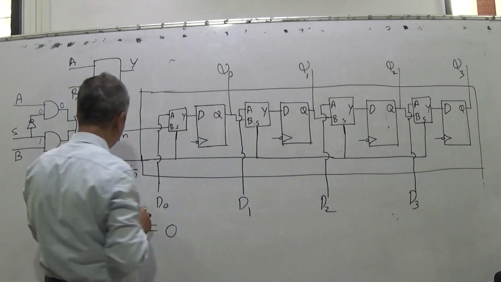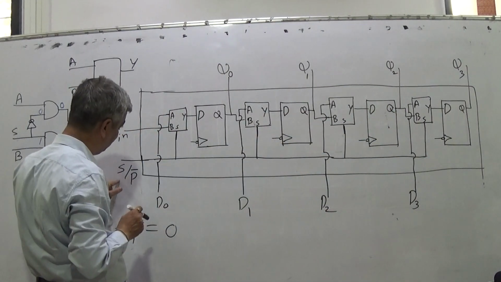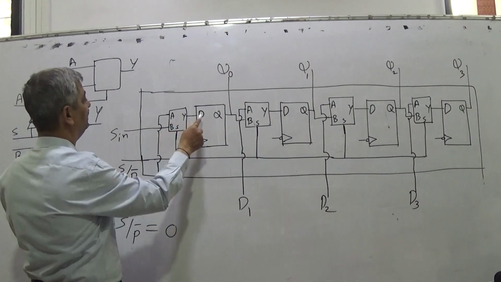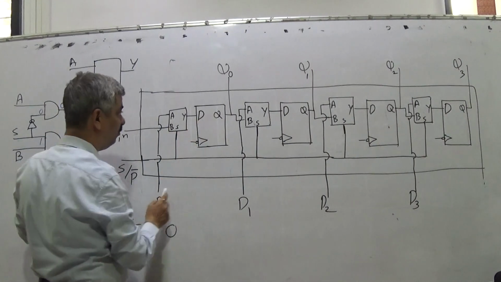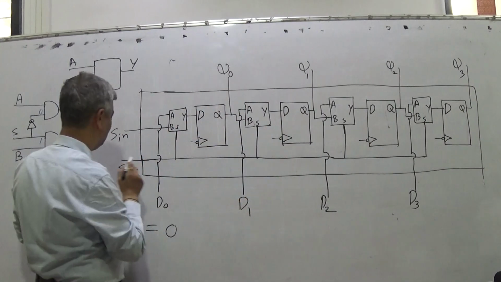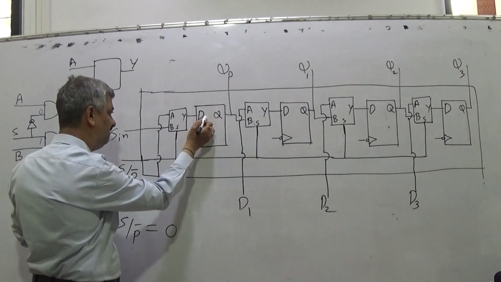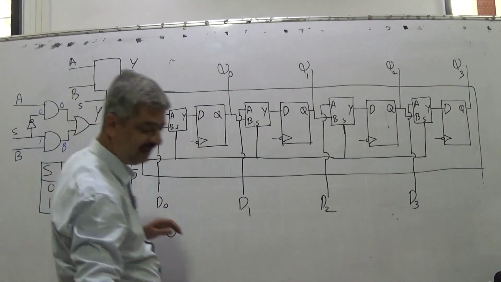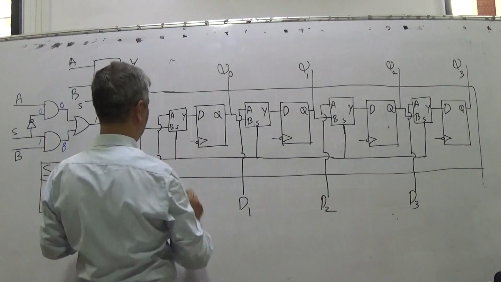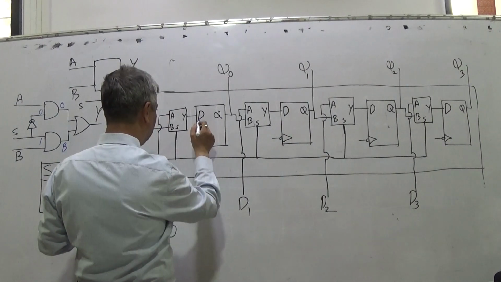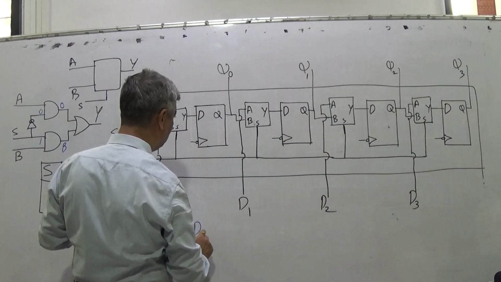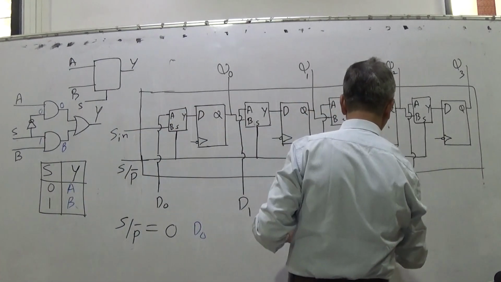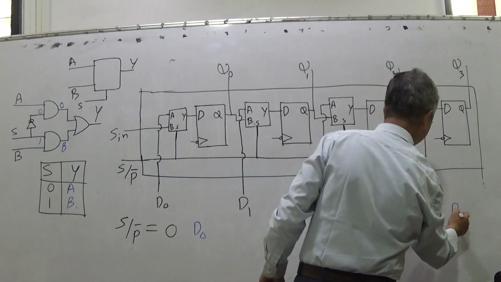So when S/P bar is 0, this D will be D0, this D will be D1, this D will be D2, and this D will be D3.